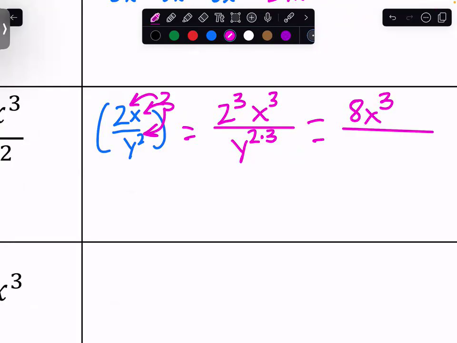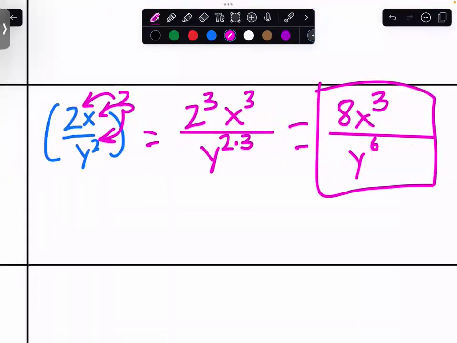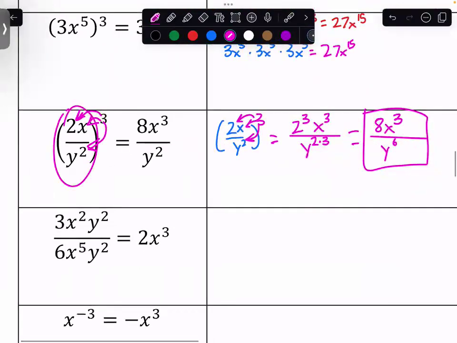And y has a new exponent of 2 times 3, which is 6. So yeah, when your fraction is in parentheses, make sure both the numerator and the denominator are affected.